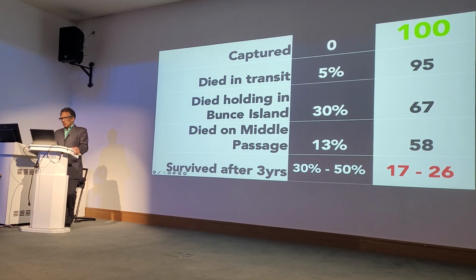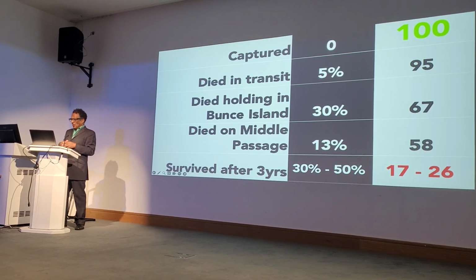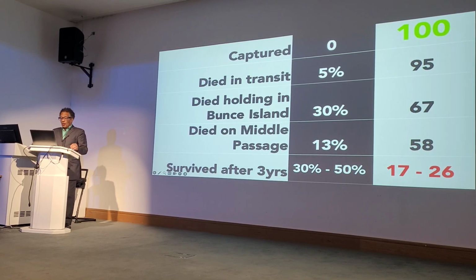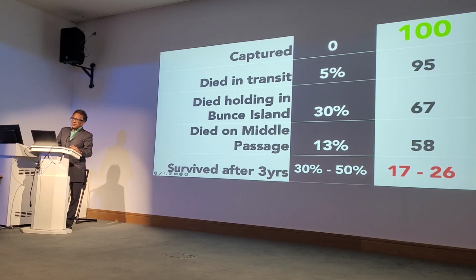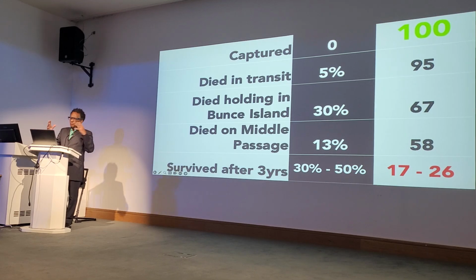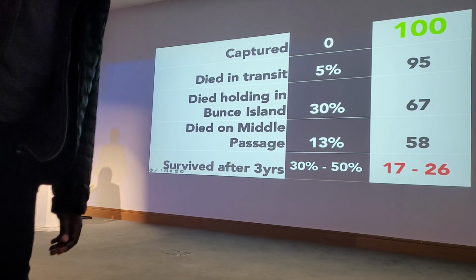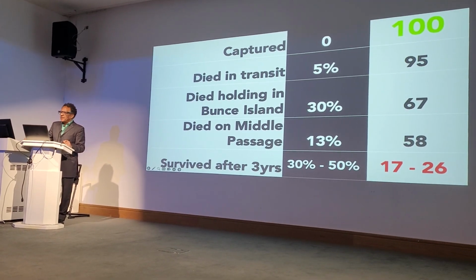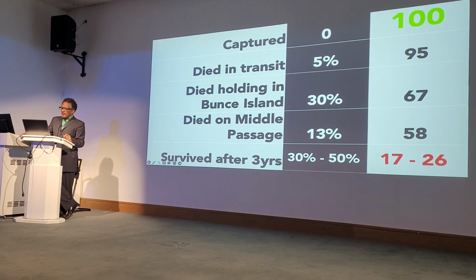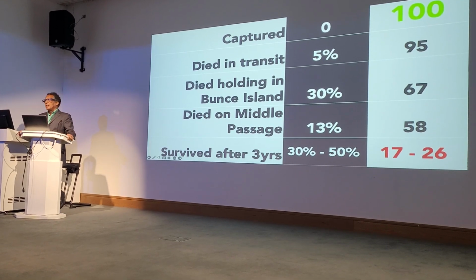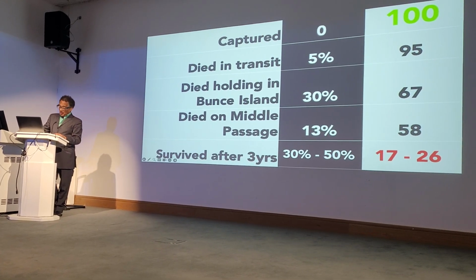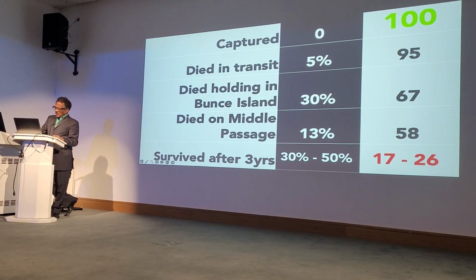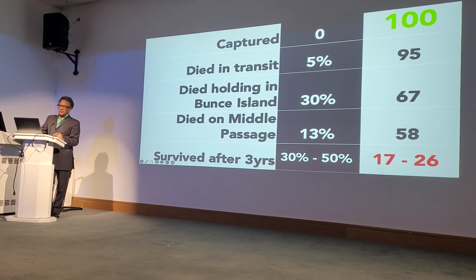Such was the attrition, because they were packed into the holds of these ships, 10, 15, 30 men pressed into a small space. Leaving 67. Then on the Middle Passage, 12 to 13% would die or commit suicide by jumping overboard. So about 58 made it to the Americas.